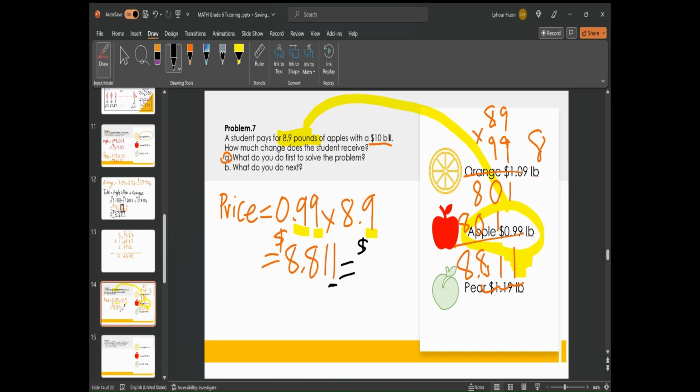So okay, I only pay you $8.81. So the cost of the apple is $8.81. Now a student has a $10 bill. So how much change do they get back? Did they receive change? How can we calculate the change that they will receive?